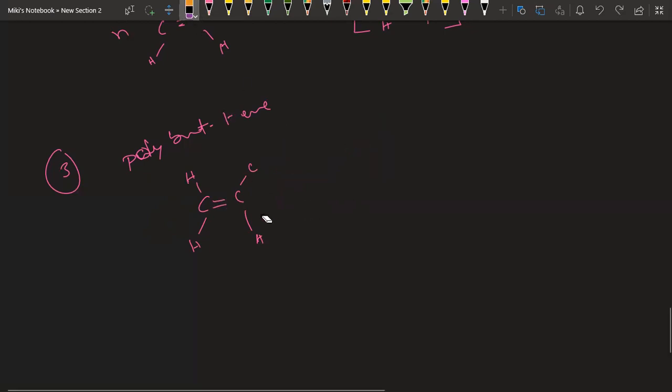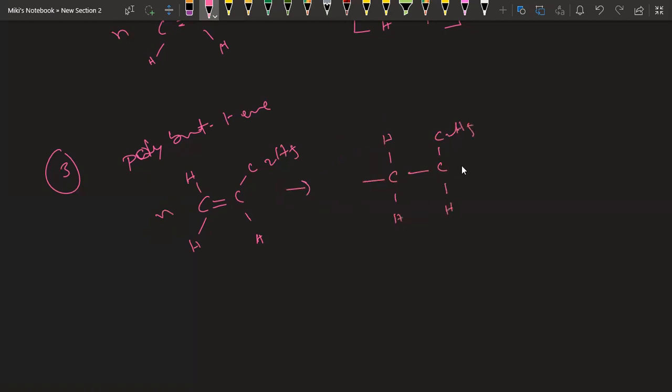Now this is C2H5. We have n such molecules. After undergoing polymerization, we have hydrogen and C2H5. This is what? Poly-but-1-ene. The hands are becoming free, and we have n such molecules.